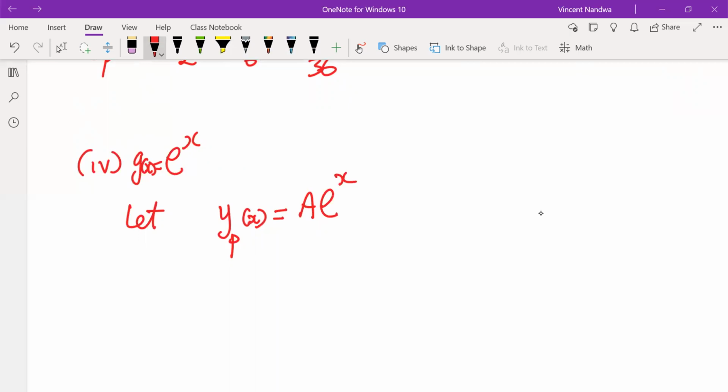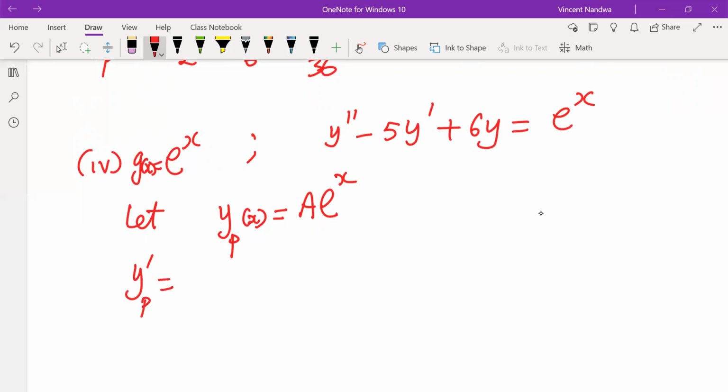So the equation will be y double prime minus 5y prime plus 6y equals e raised to power x, because this is the value of g of x. So yp prime is a e raised to power x, and the second derivative is the same thing.